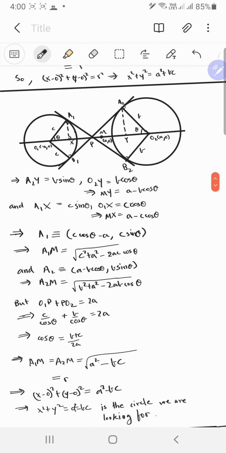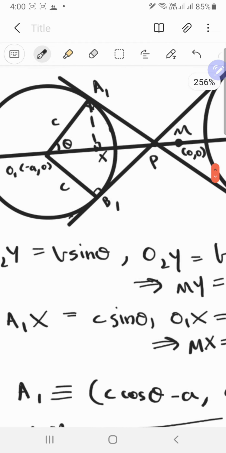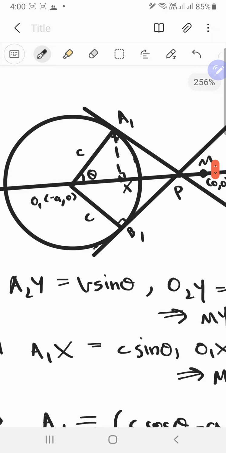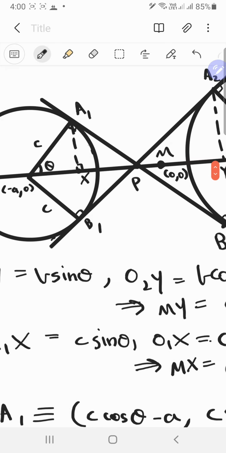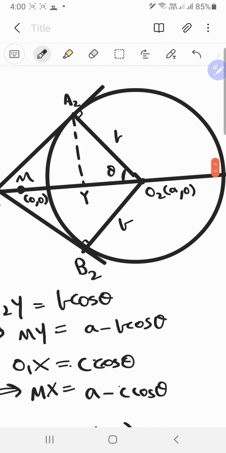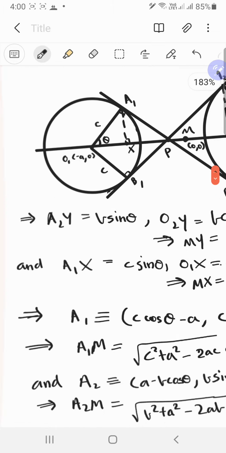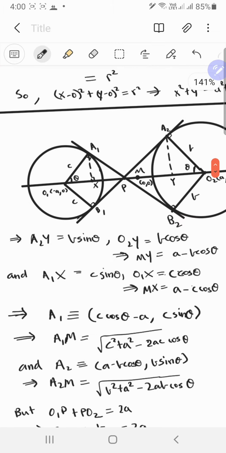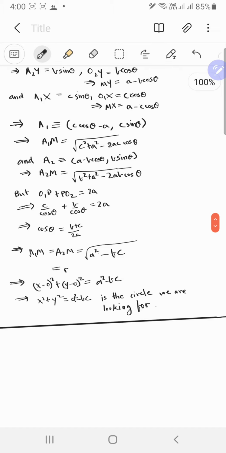Then we have this case. Here I've defined this angle to be theta, and after doing a bit of angle chasing, you can see that this is also going to be theta. Then after doing all this algebra, you should get x squared plus y squared equal to a squared minus bc as the circle.